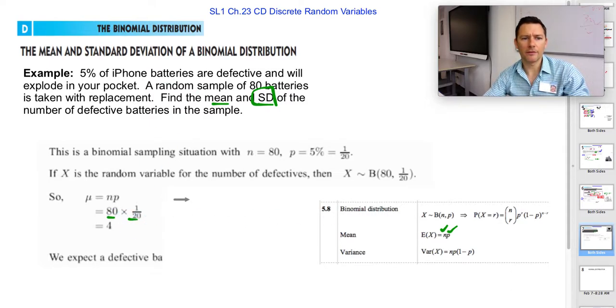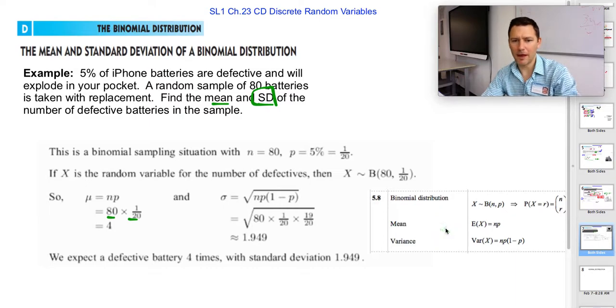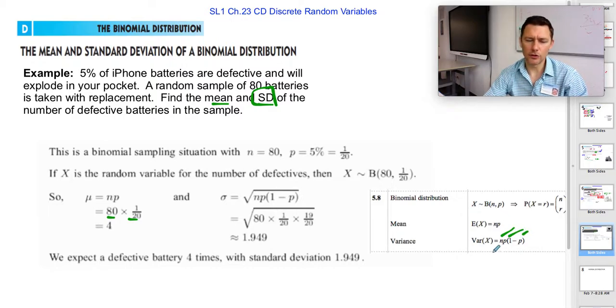Okay, and then to find the standard deviation, you throw them into the variance equation and then take the square root to find the standard deviation. And that's the jump that they're asking you to make. So you put n and p into there and there and there. You get the variance, and you just have to know to take the square root and you get the standard deviation. Not sure why they stressed that, but there you go.